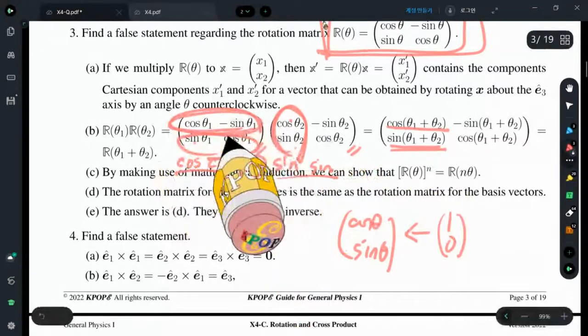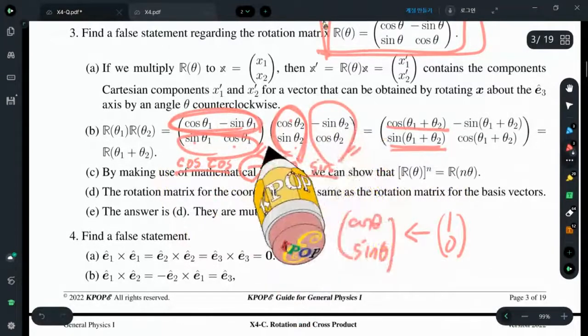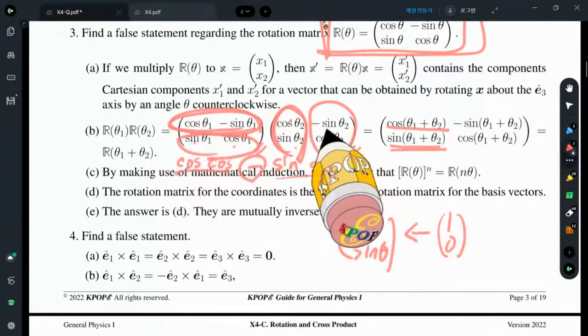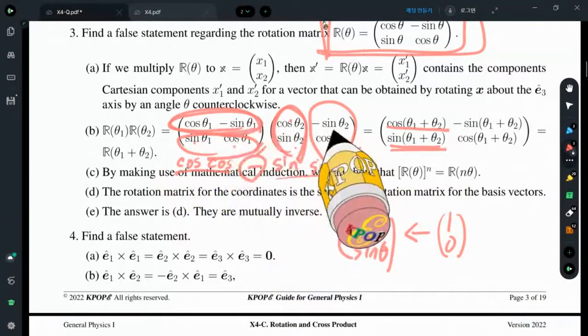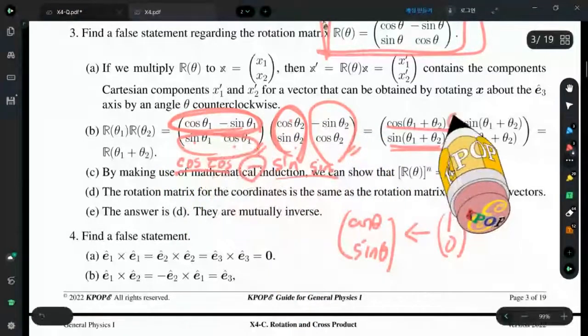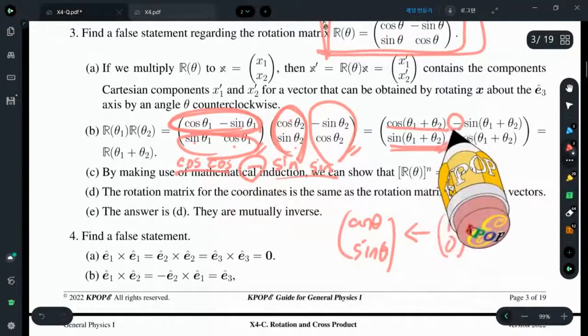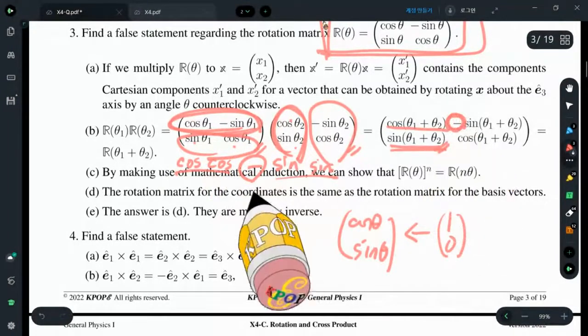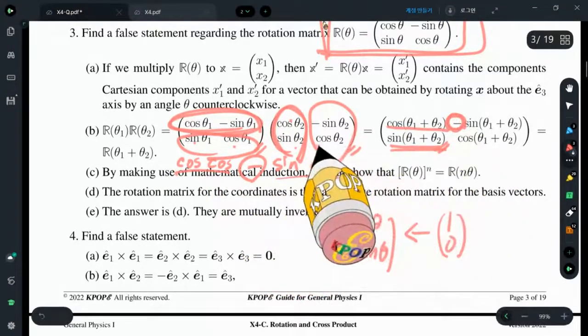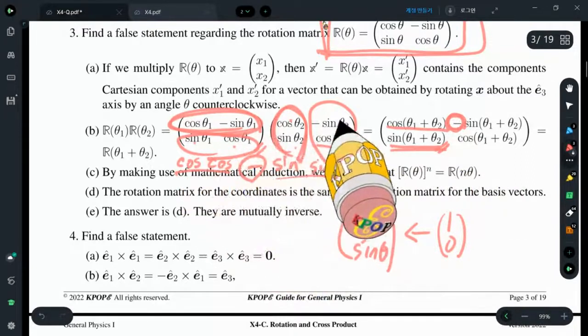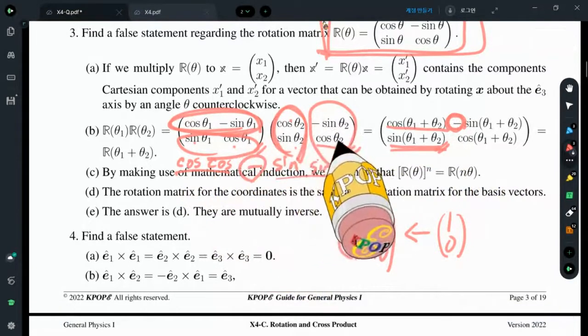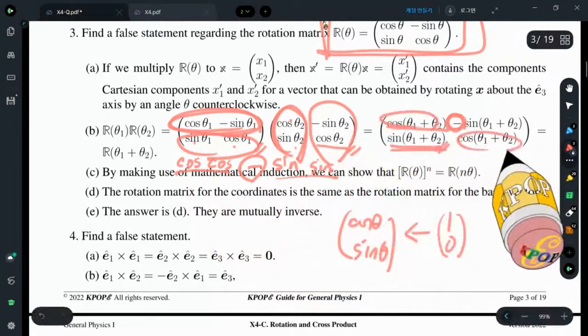If I multiply this one and this one, cosine, sine, sine, cosine, both of them have negative sign. So they are the same except for the sign. The last term, sine sine is minus, cosine cosine is plus. So these two are the same.